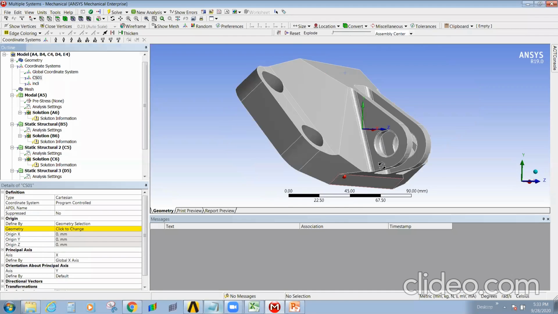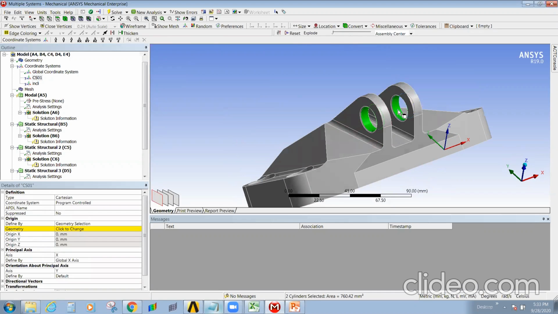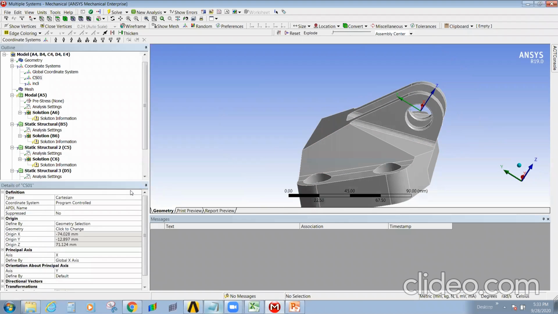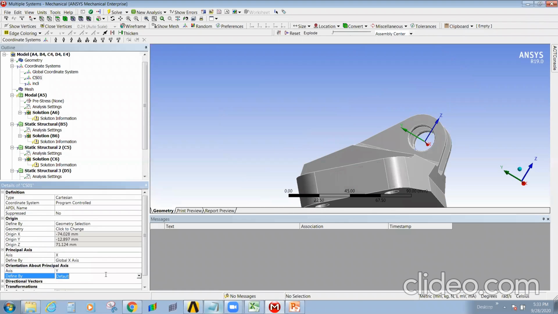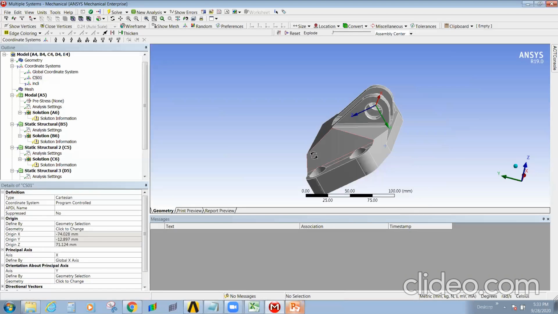Now I'll update your coordinate systems. I'll select both of these surfaces for your coordinate system. With respect to that, the x-axis or y-axis I'll take as geometry selection. Once it is updated, you can see your coordinate system. This is one.